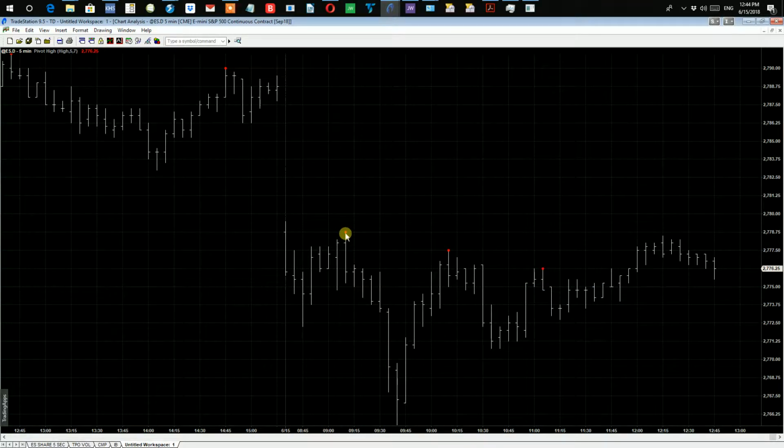For example, this bar, previous bar has a lower high, subsequent bar has a lower high. Same here, previous bar, subsequent bar. Now this bar has an equal high, but this is a lower high, and so therefore that's your pivot bar.